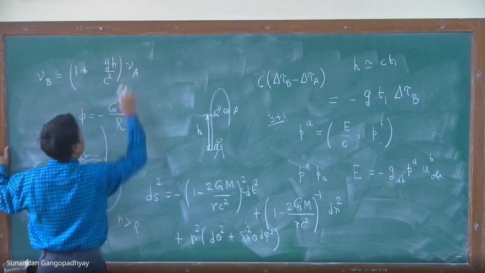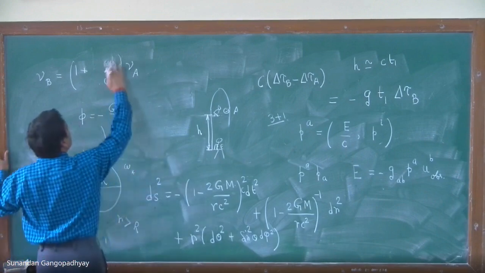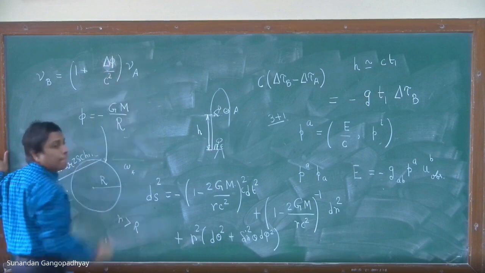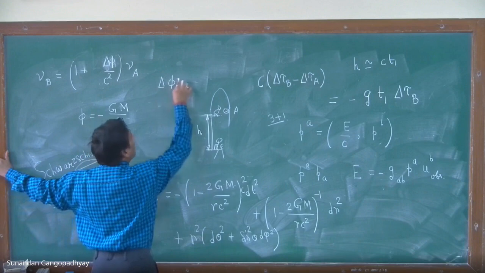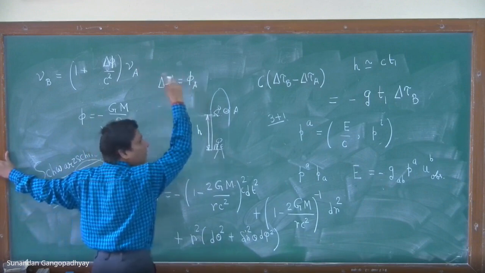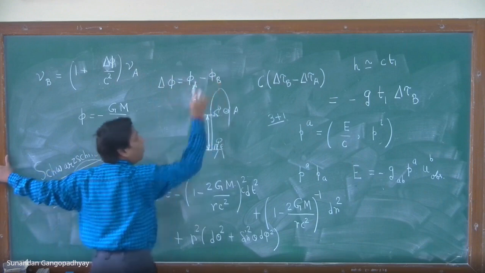And what is this gh? This gh you can write as delta phi. Right? And what is delta phi? Delta phi is phi A, the potential at which Alice is, minus the potential which Bob has.